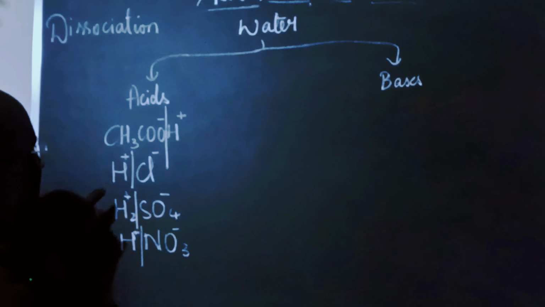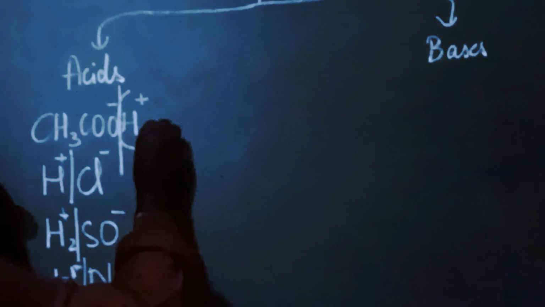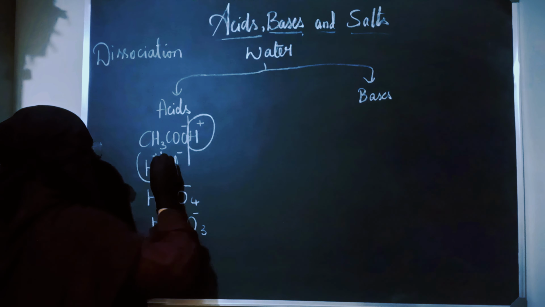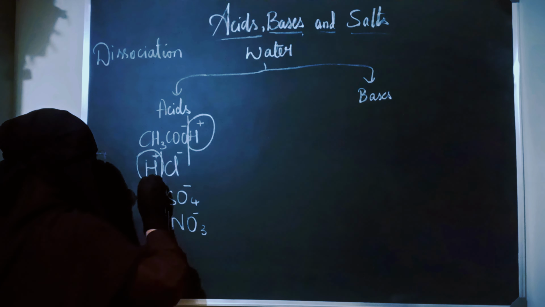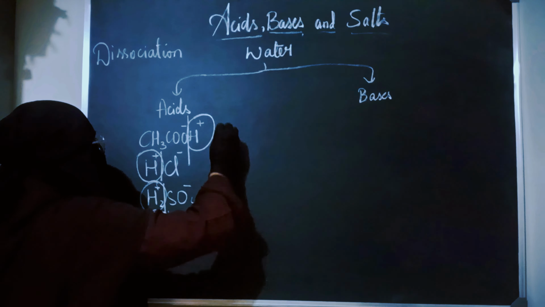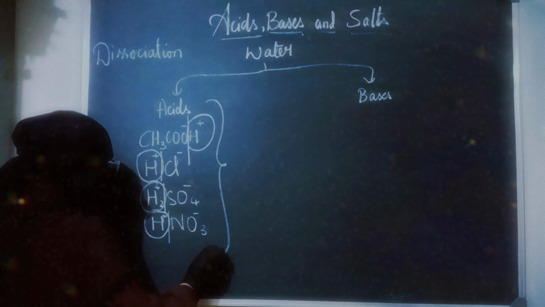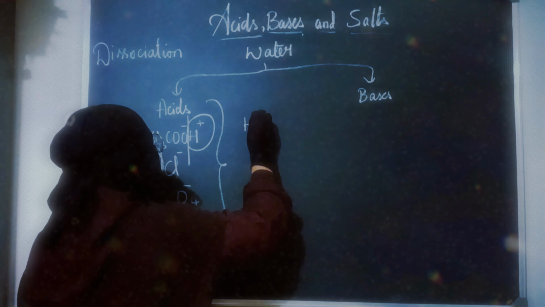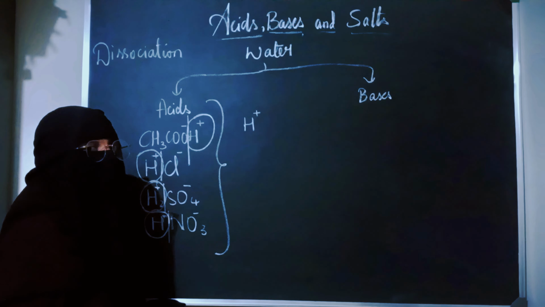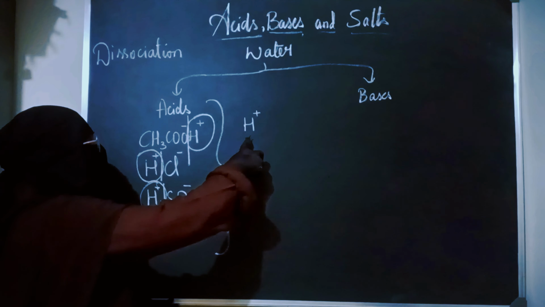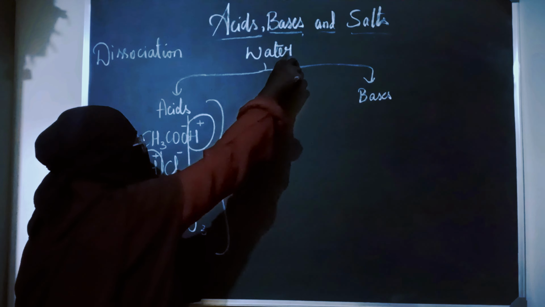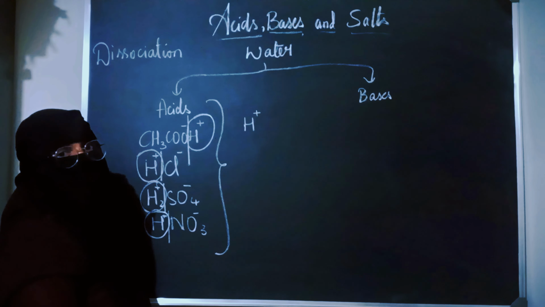So if I see all these acids, the common thing that I have is the presence of hydrogen as a cation. So I could say that all these acids have a common cation that is nothing but H plus. Now this H plus, just because it is there in water, is not stable.